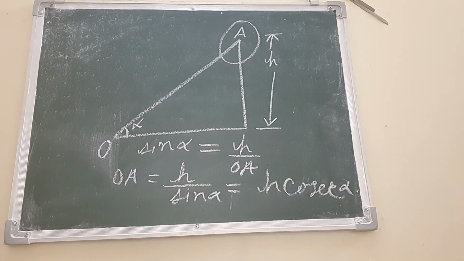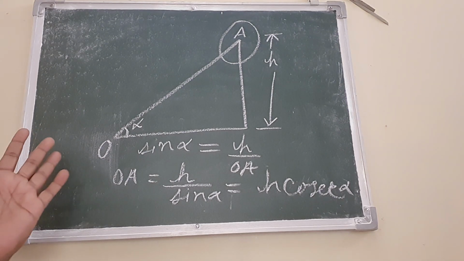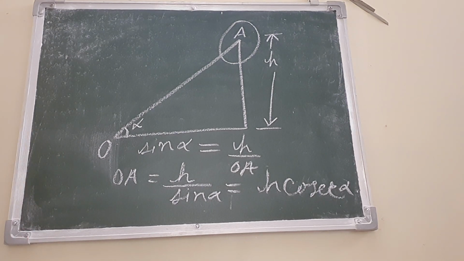So this is the value of OA, or the distance of the point from the center of the balloon when it has risen. I think you all might have understood this question.